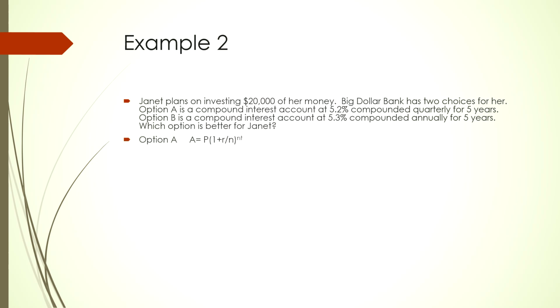And of course, using our compound interest rate formula, we'll do option A, and then we plug those values in. $20,000 times parentheses 1 plus 0.052 divided by 4, close parentheses, to the 4 times 5th power.